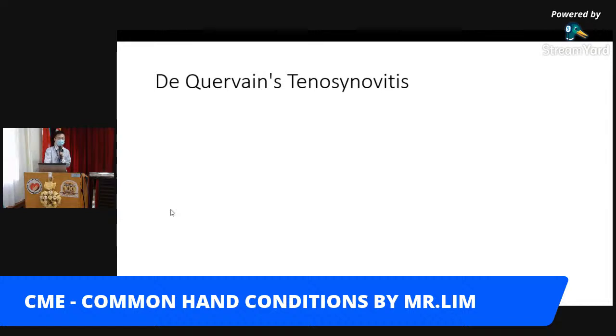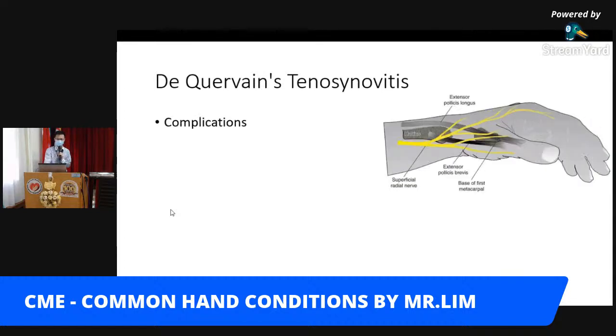This is indicated if there is failed non-operative treatment. So every surgery we offer to the patients, we must, and for sure, put inside the consent, inform about the possible complications.